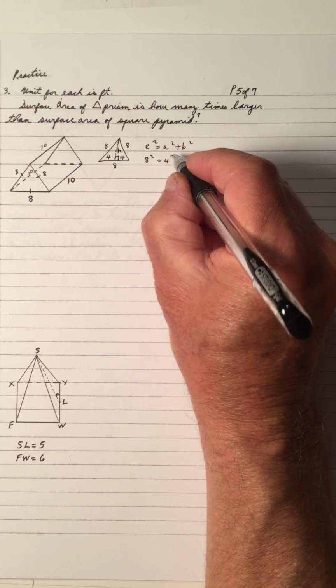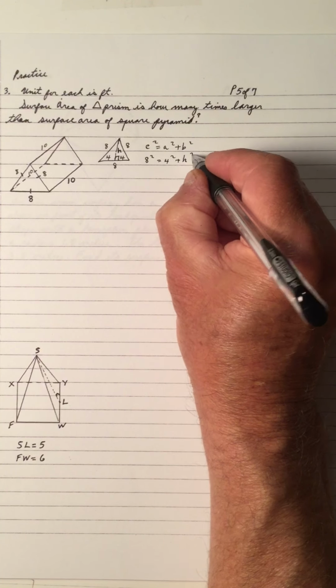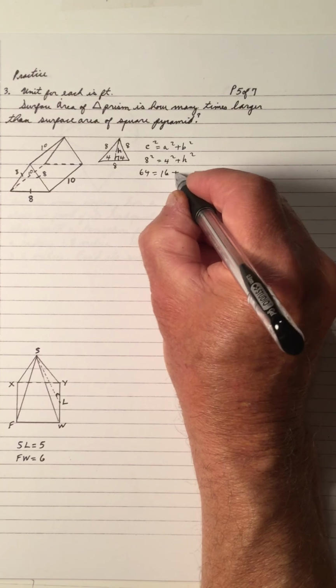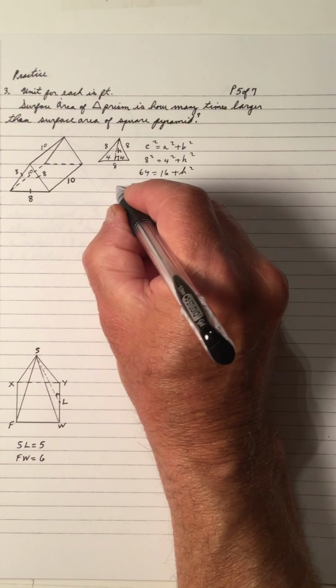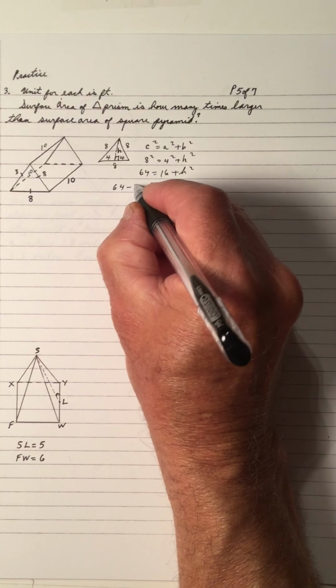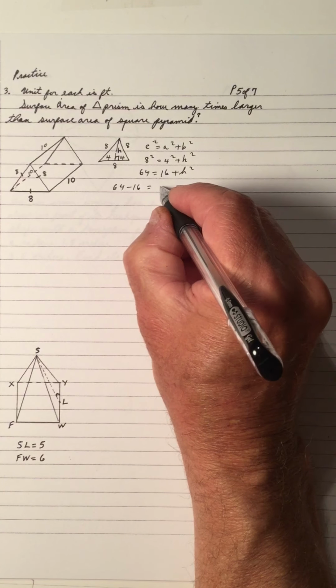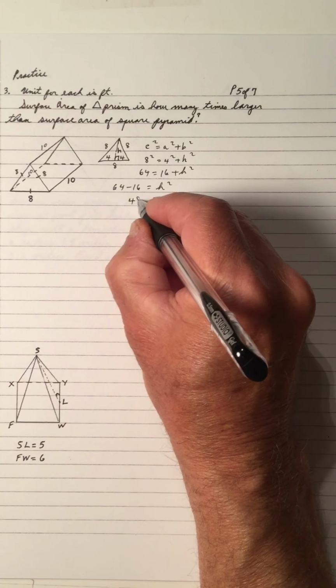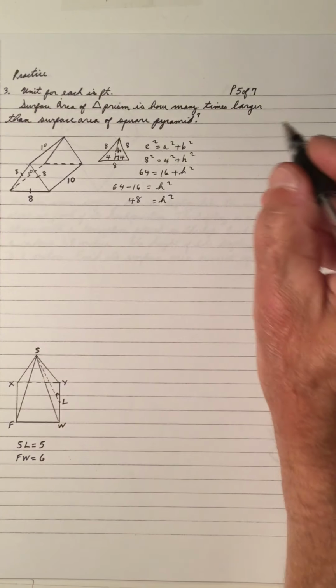We want the height, so we'll call b the height. 8 squared is 64, 4 squared is 16. And because we're solving an equation, we'll transpose the 16 to the left side and make it a negative 16. That gives us 48 as b squared.